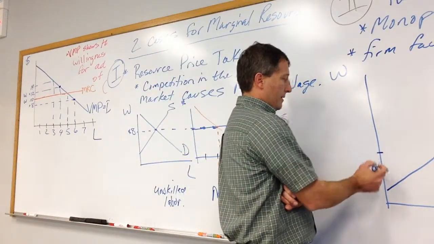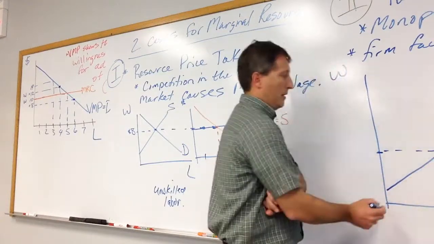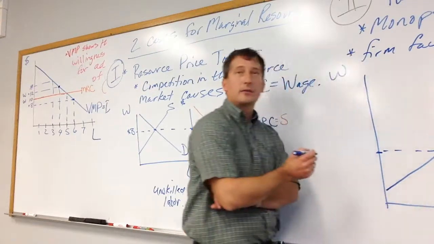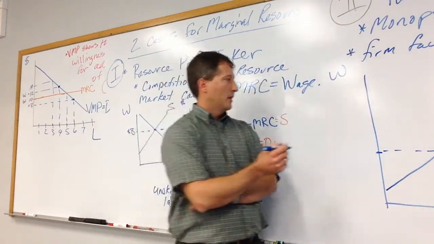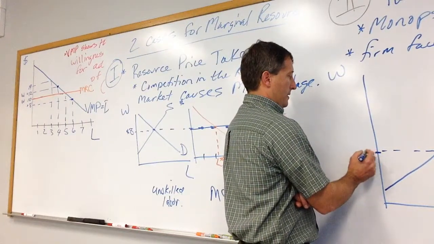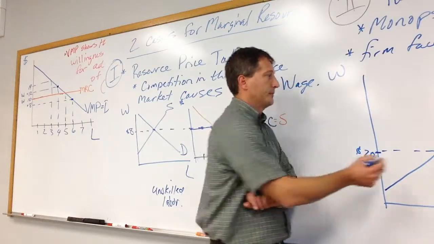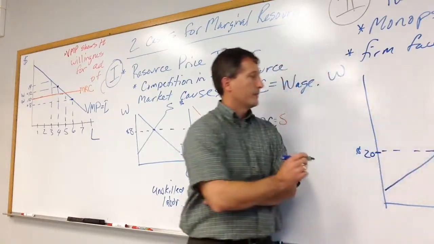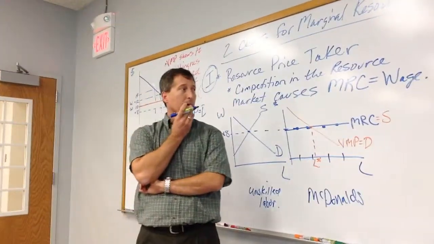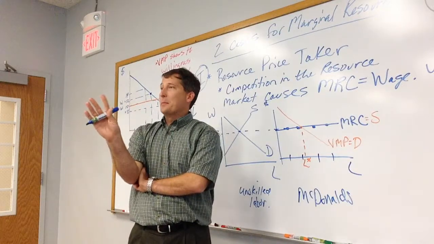If the company can pick up 3 nurses at $20 an hour, that's 1 point to the market. If they need 4 nurses, what must they do?